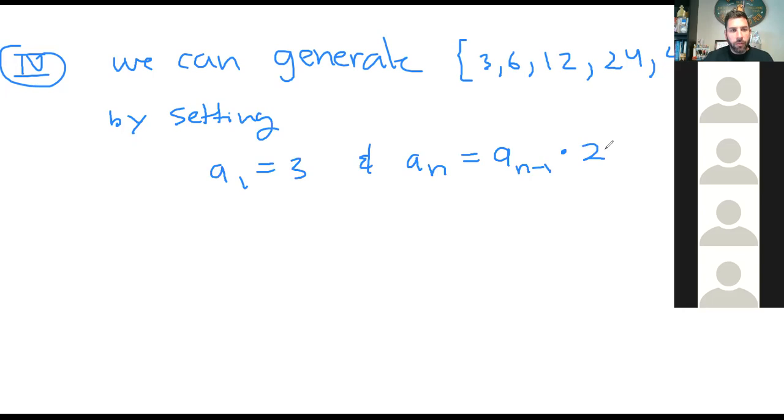So you start with 3, and then you generate the second one, the third one, the fourth one using this formula. Notice that in that list of numbers, every number is 2 times the number to the left. 6 is 2 times 3. 12 is 2 times 6. 24 is 2 times 12, so we've generated this sequence.